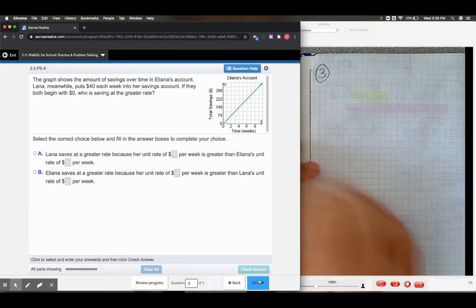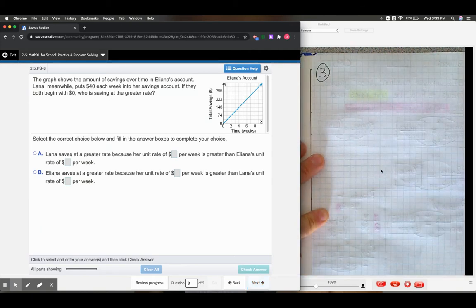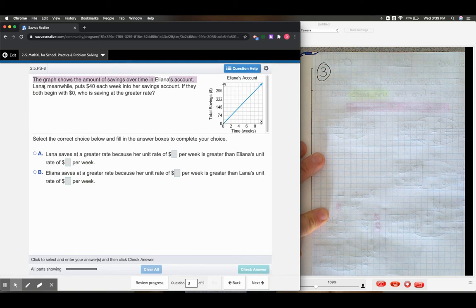And we see 2 people. Looks like Lana is one person here. I recognize a name. And then Elania. Very similar names. But we have Elania's account. And the graph shows the amount of savings over time in Elania's account right here.